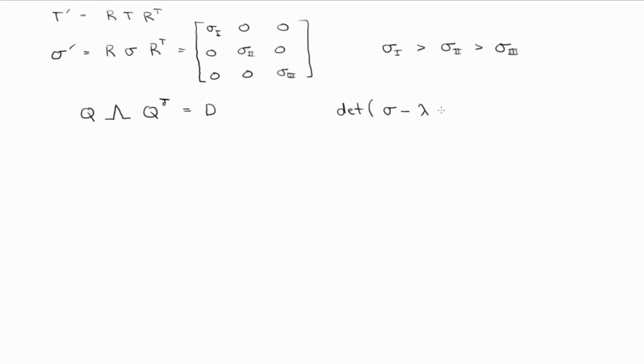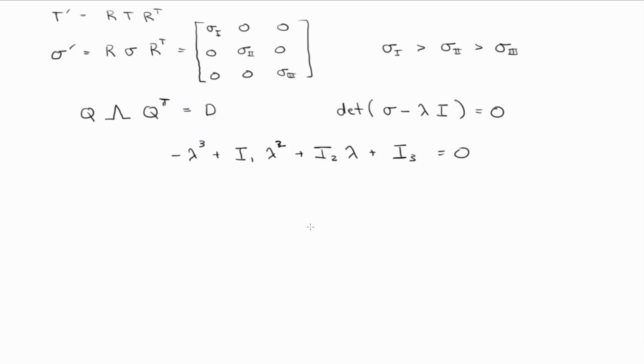We'd solve this equation. Generically, if I just compute the determinant of sigma minus lambda I, I'd get something like lambda cubed plus some coefficient times lambda squared plus some coefficient times lambda plus some term here.